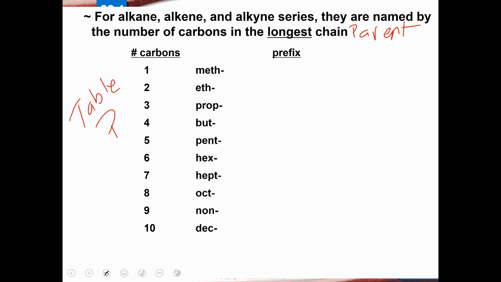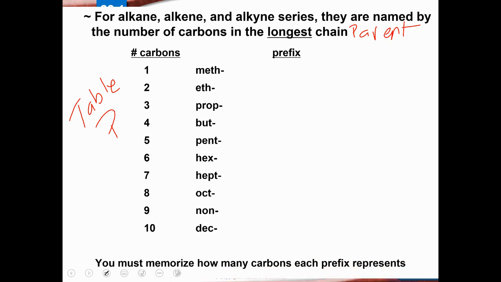You don't have to remember those. You do not need to memorize them, right? Because table P has them in your reference table. So this prefix is going to combine with an ending.